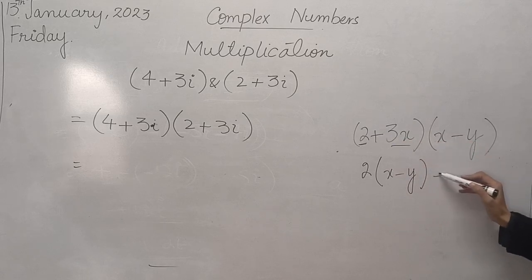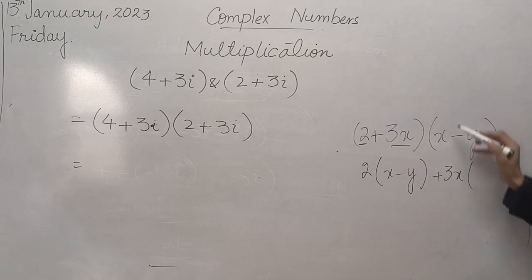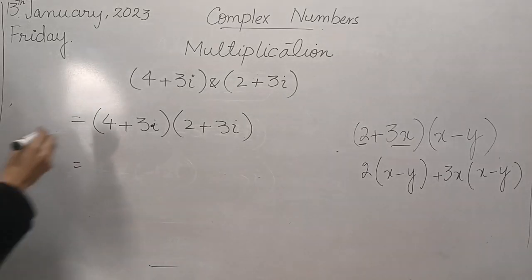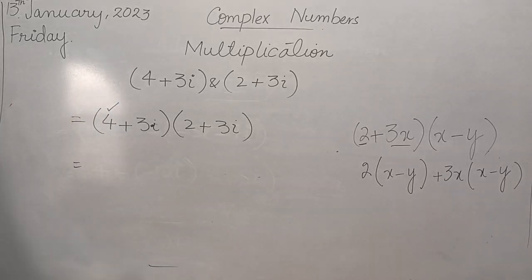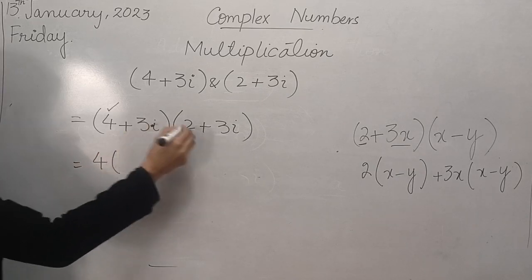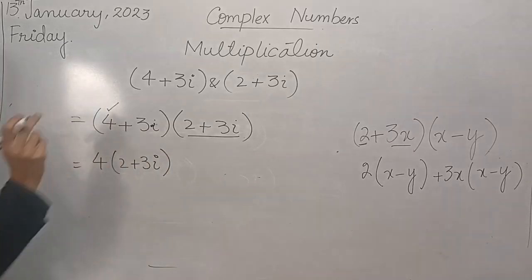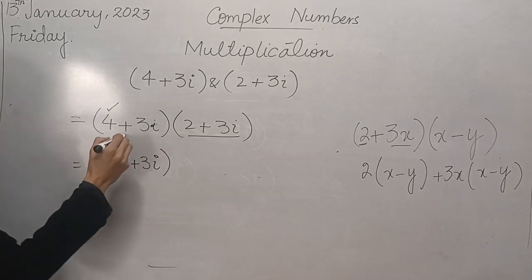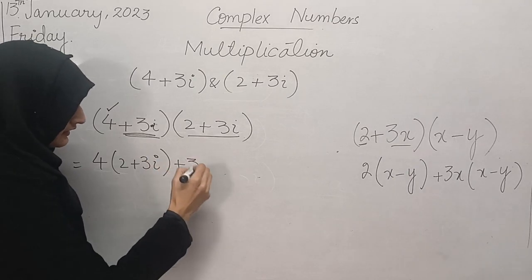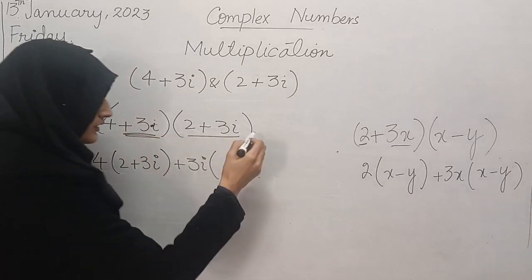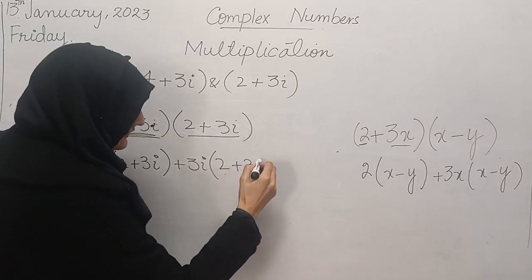Then take the second number of the first bracket and multiply it with the whole second bracket. On the same pattern, we will multiply the complex numbers. First we take the first number and multiply it with the whole bracket, 2 plus 3 iota. Then we have the second number, plus 3 iota, and we multiply it with the whole bracket, 2 plus 3 iota.